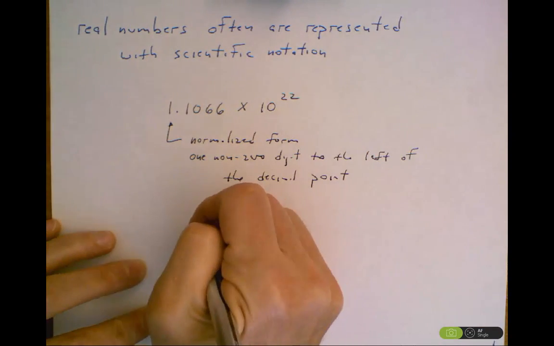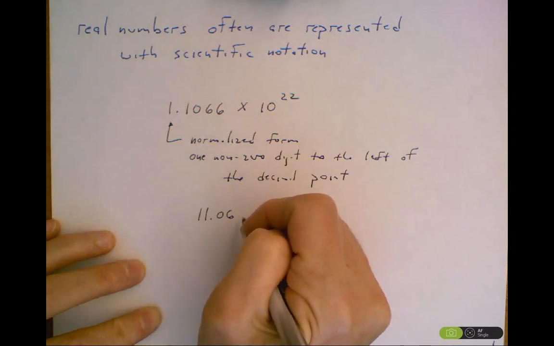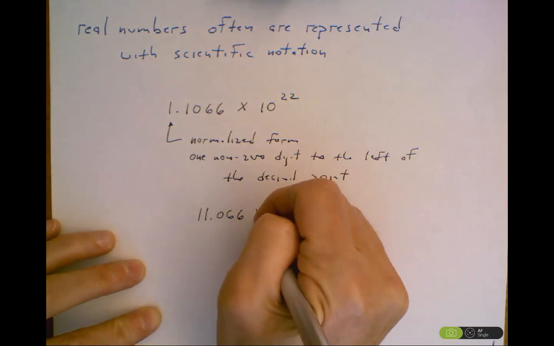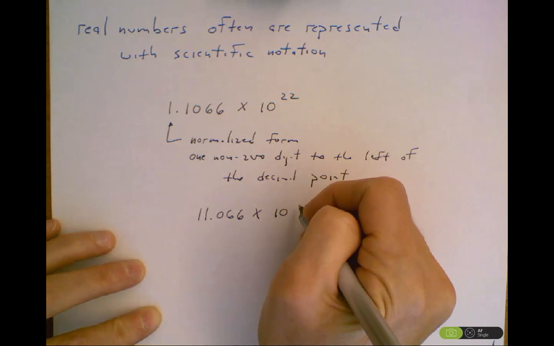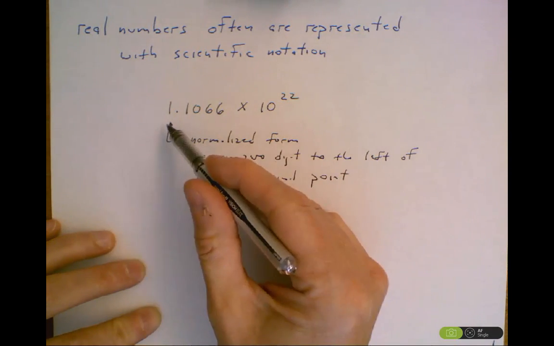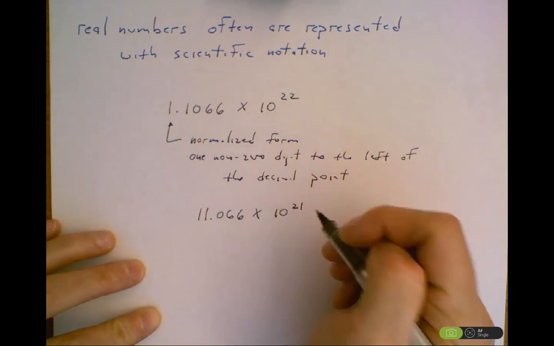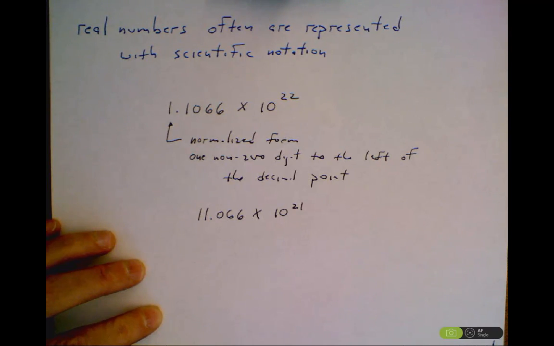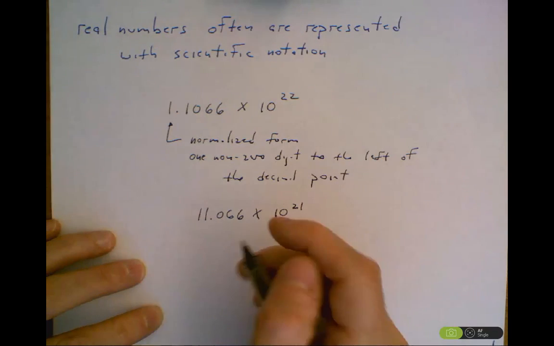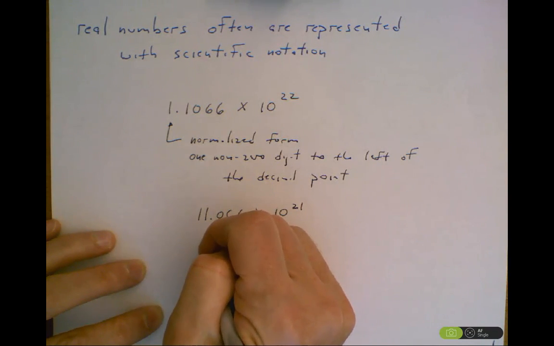Right, he didn't want this when we answered a question on a test. He didn't want this equivalent value. Let's see if I can get this right. I made the number bigger by shifting it to the left, so I need to compensate by making the exponent smaller. He didn't want that number. That was not allowed. And he also didn't want this number, right?